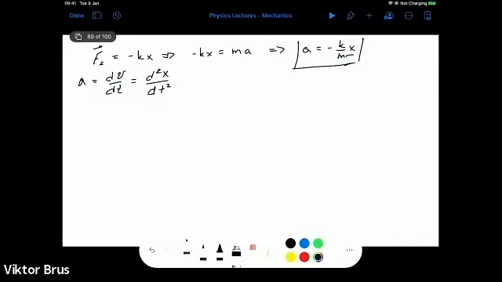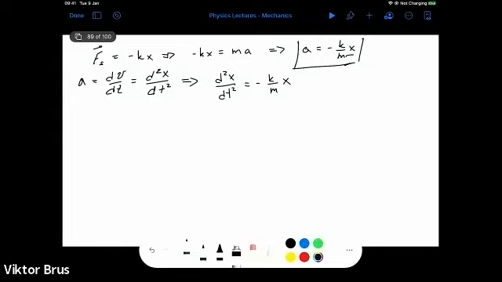So based on this, we can write a differential equation where d squared x over dt squared is equal to minus k over m x.